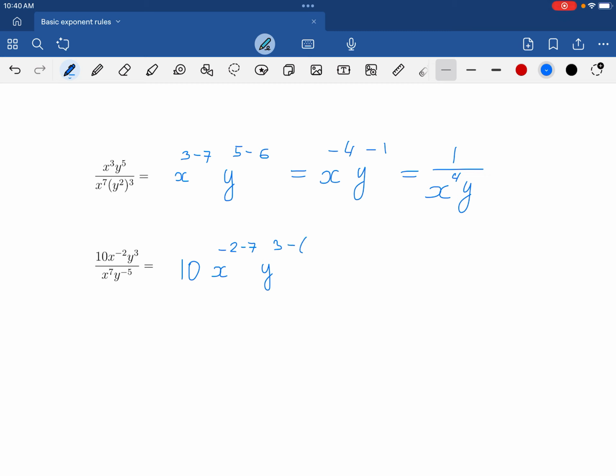So that's right. And so we have 10. Y will be 3 minus minus 5. So we get 8. And note that x will be raised to the negative 9, so we can put this here in the denominator.